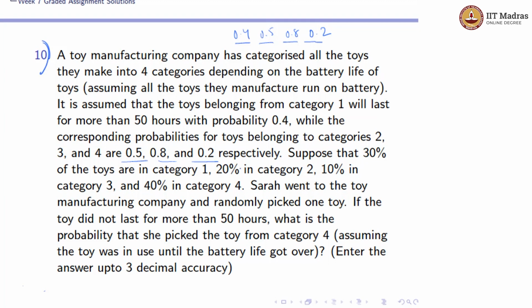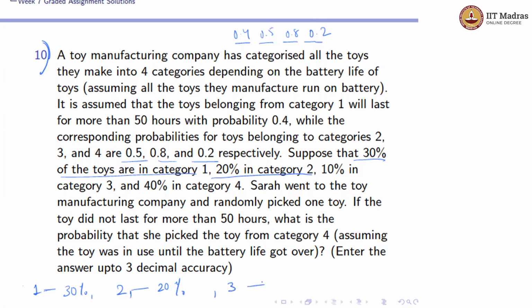Now assume that 30% of the toys are in category 1. In category 2, 20% of toys are there.